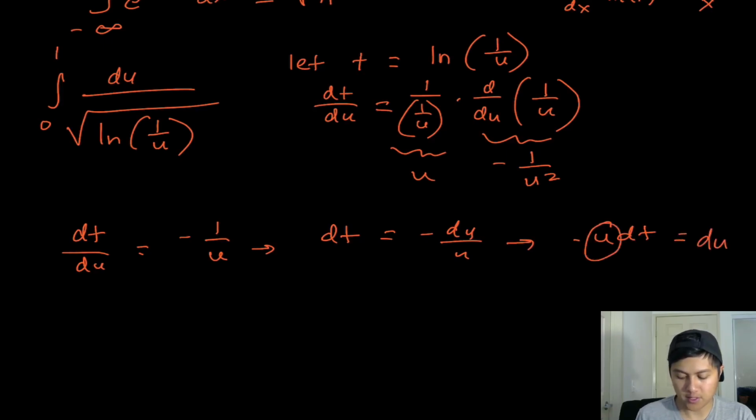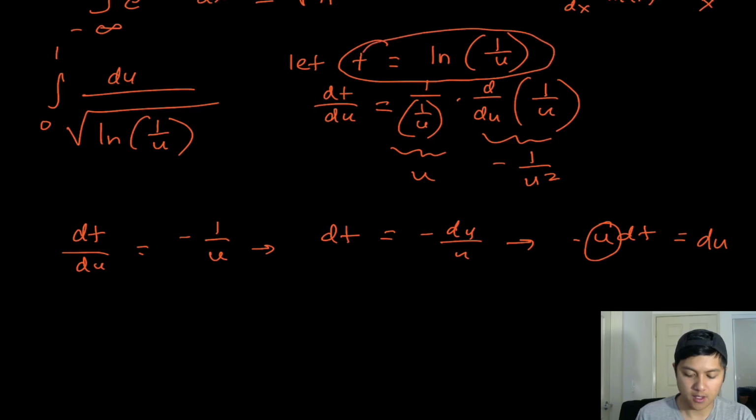So we need to rewrite this u in terms of t, which we can do using this line up here. What we can do is exponentiate the thing I just circled. So we can say that e raised to the t power, and then we raise the right-hand side, which is this log 1 over u. But if you take e to the log 1 over u, this exponential and this logarithm cancel each other, so we just get 1 over u.